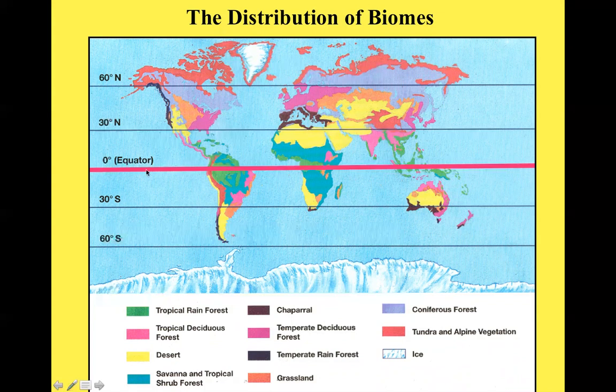This is the equator, and this is where we find, in green, our tropical rainforests, where we have the greatest diversity of life forms. In fact, half of the Earth's species live in these rainforests. So they're considered to be the showplace for Mother Nature.